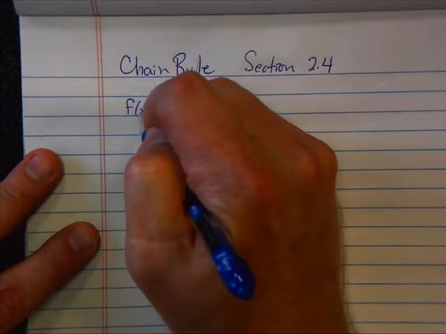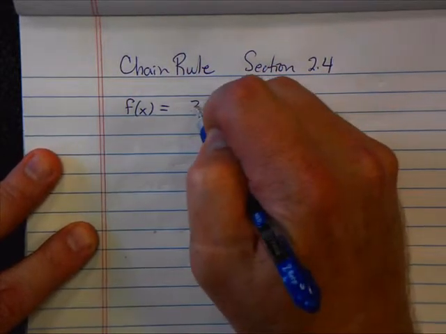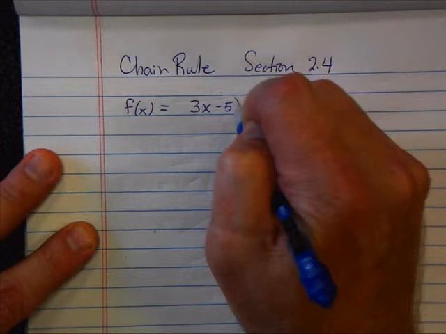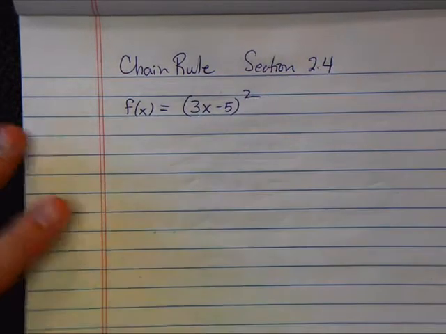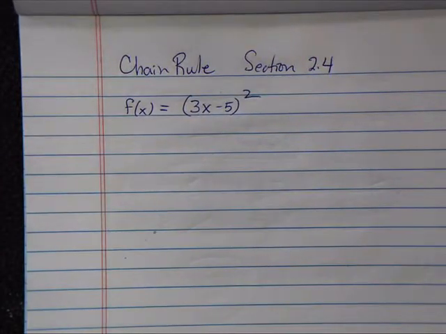We talked a little bit about the chain rule the other day in the context of this. Let's say I gave you f of x is (3x minus 5) squared, and I wanted you to take the derivative. Well, right now, today, you can do that. And how would you do that? Right now, we don't know the chain rule.